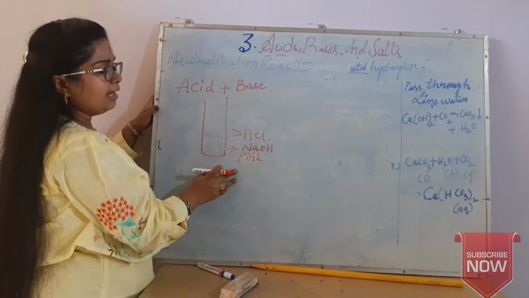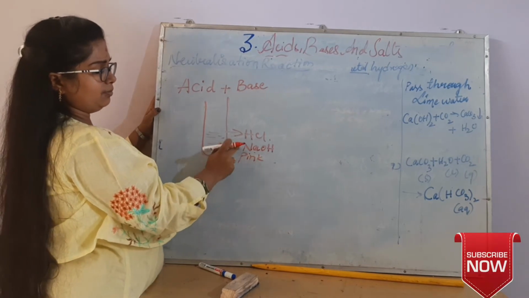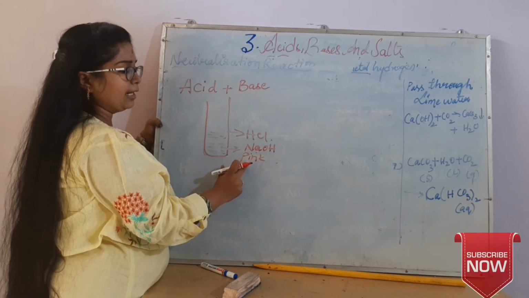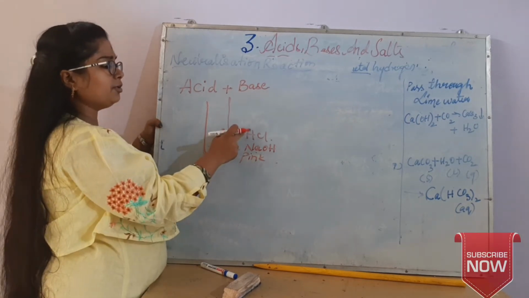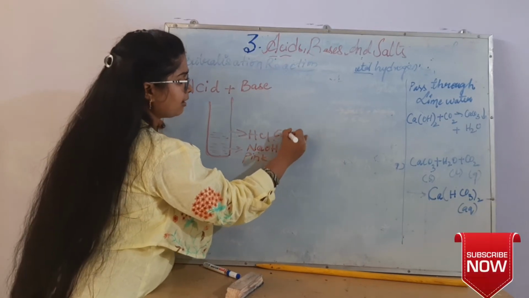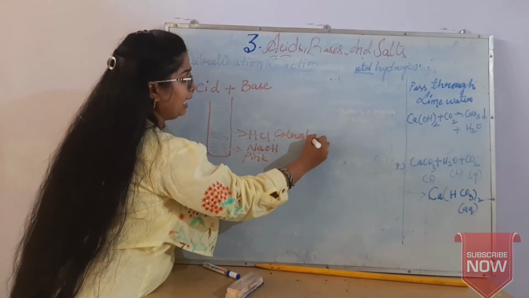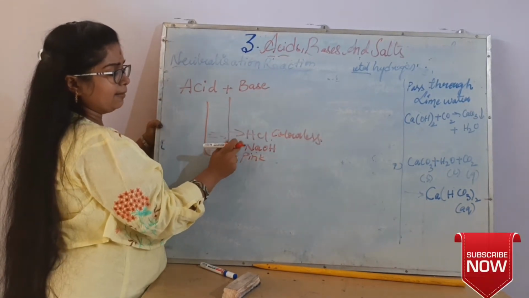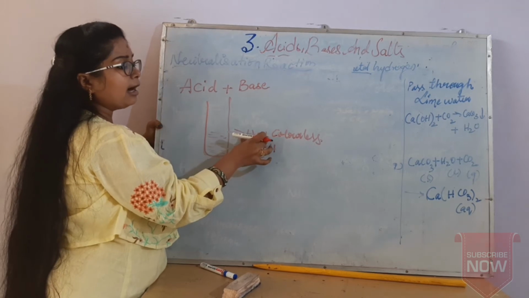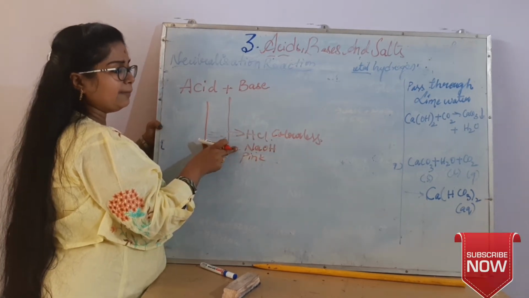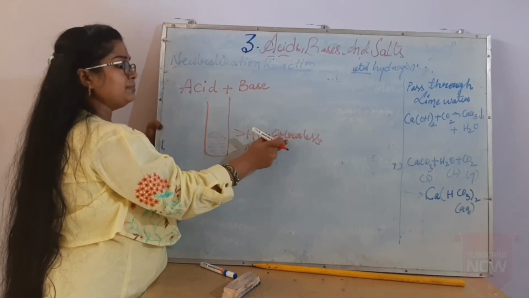To the base you have added phenolphthalein solution, it turns pink. If you add HCl solution to it, again it becomes colorless. By adding this HCl acid, it nullifies the base NaOH. It becomes colorless.